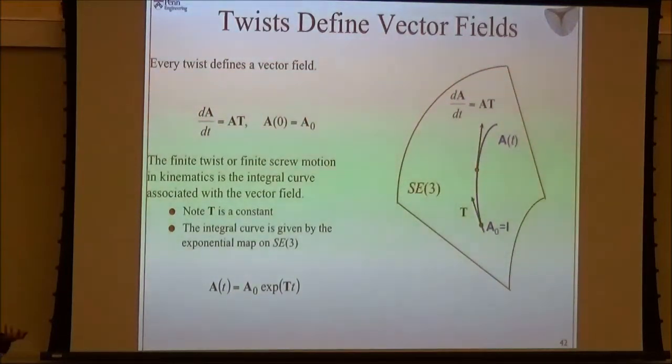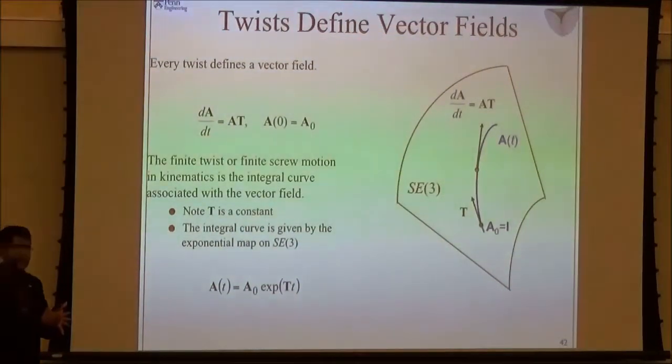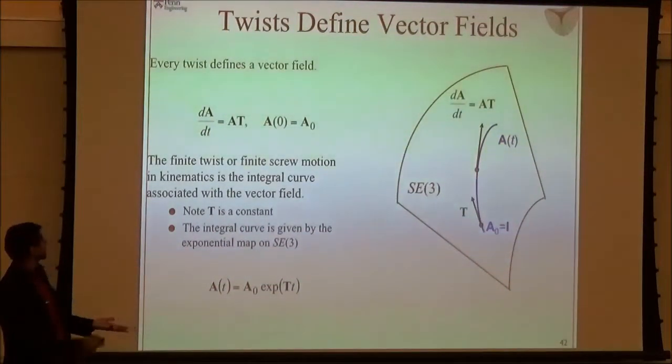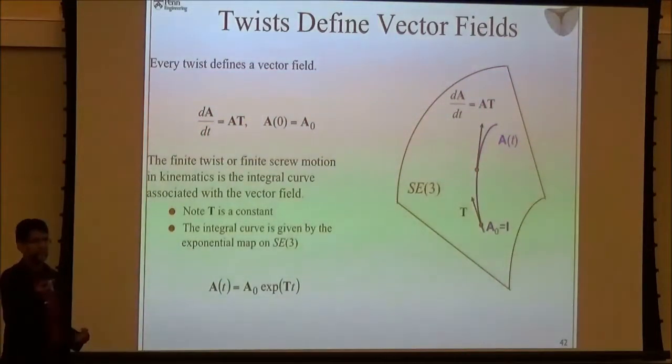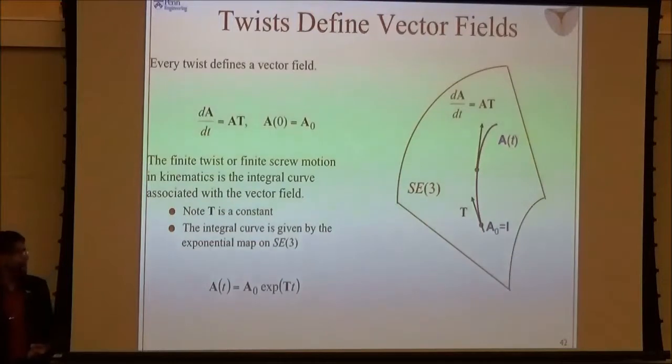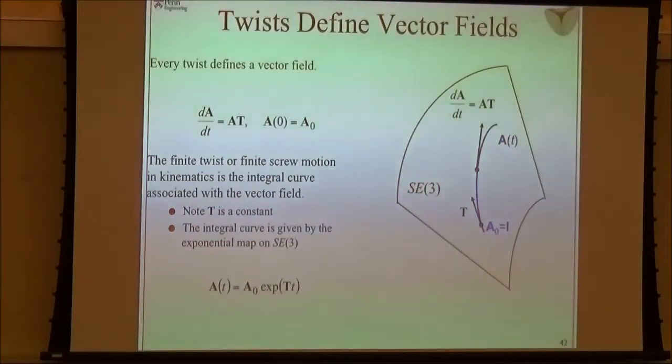Or you're getting dA dt by post-multiplying A by the twist. So these three things go hand in hand. The twist, the vector field that you get, which is dA dt, and the curve that you get. Right? Does that make sense?